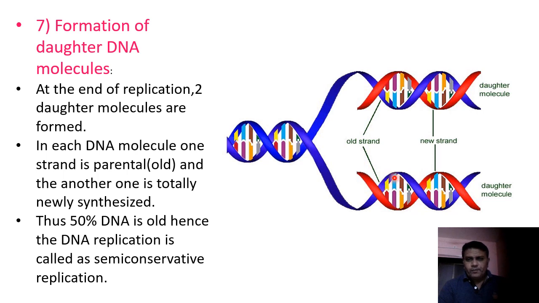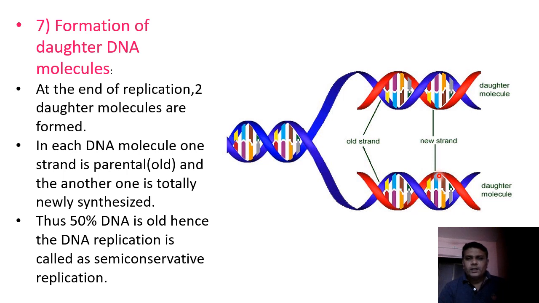Thus 50% or half of the DNA is old, while half of the DNA is new in the newly produced two daughter DNA molecules. So this method of DNA replication is called the semi-conservative method of replication.